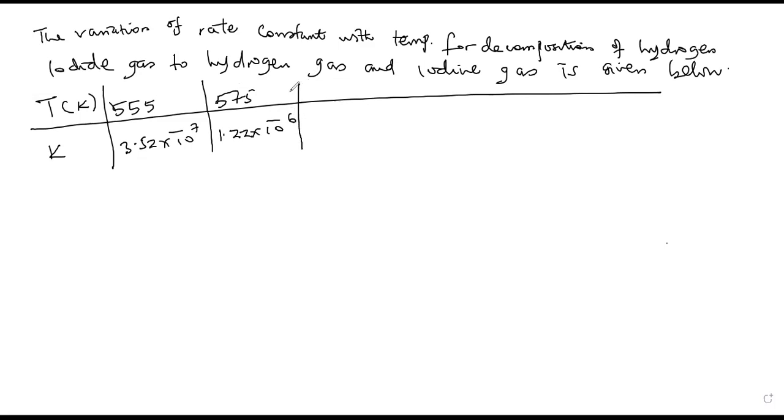Here we have 645, then 8.59 times 10 to the power negative 5. Then 700, 1.16 times 10 to the power negative 3. Then 781, and this is 3.95 times 10 to the power negative 2.